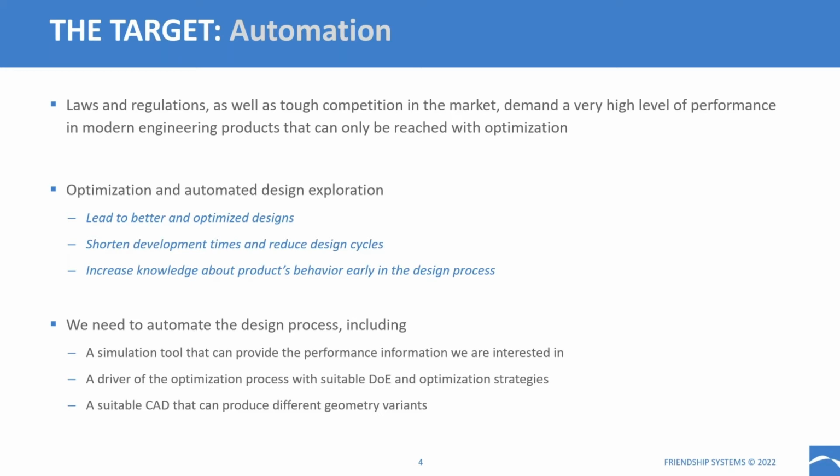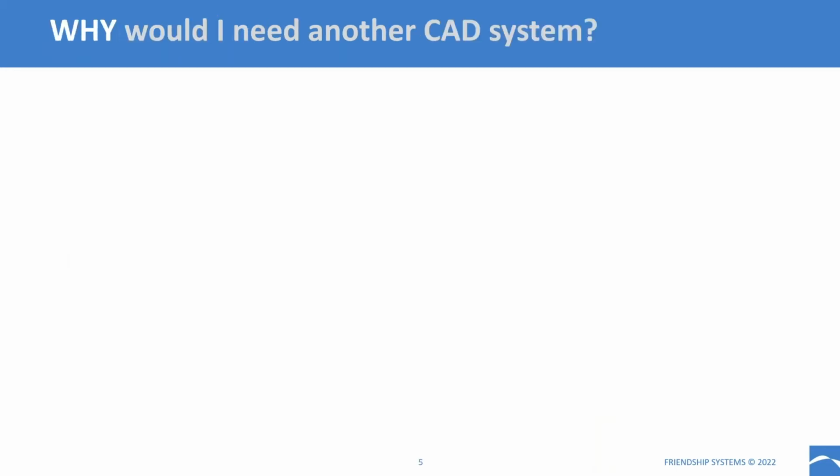And finally, we need a suitable CAD tool that is able to produce these different geometry variants that we want to analyze with the simulation. And these final two components that are needed in the automation of the process are what we provide with our tool CAESES.